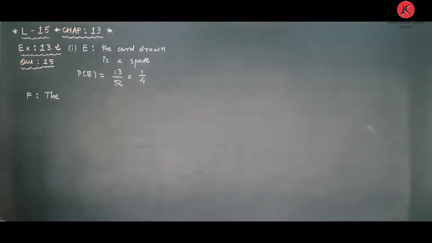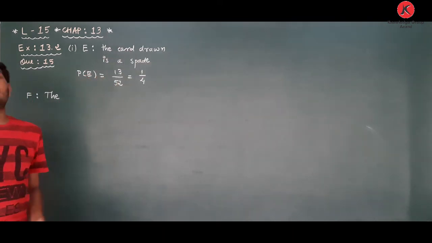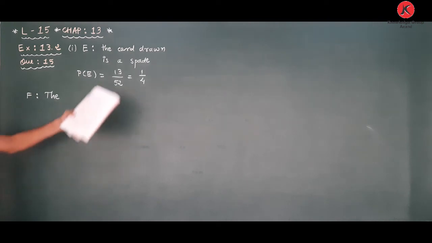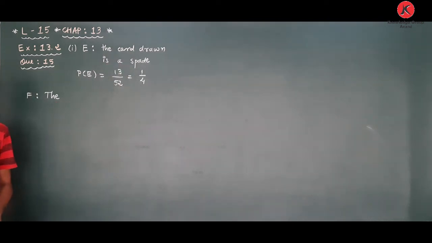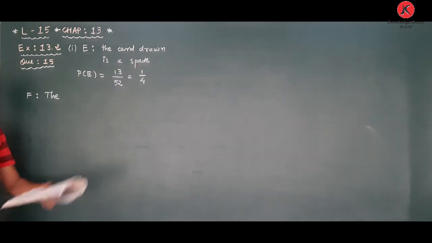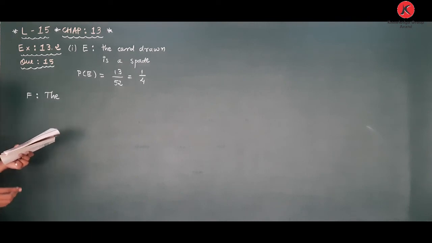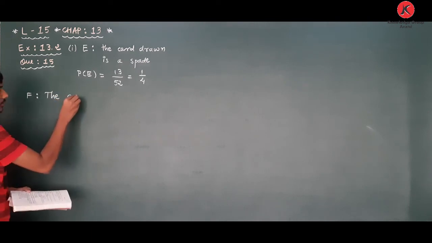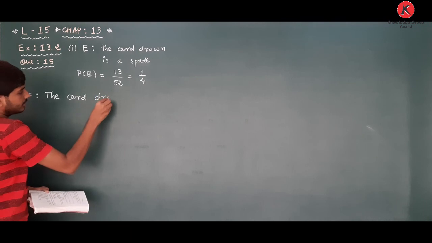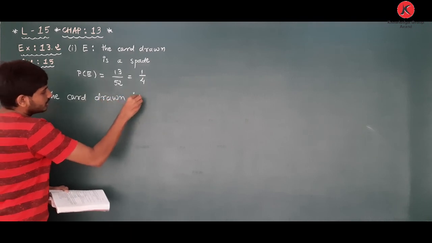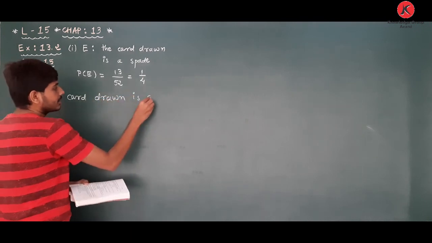In the same way, for event F, the card drawn is an ace.